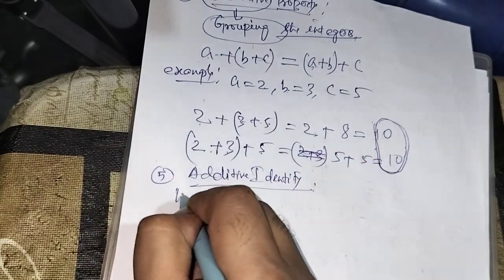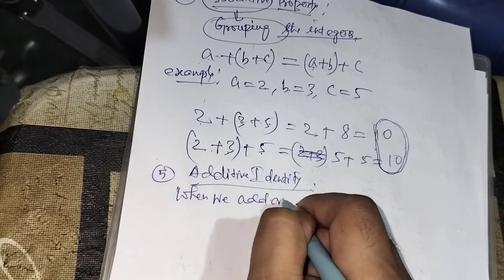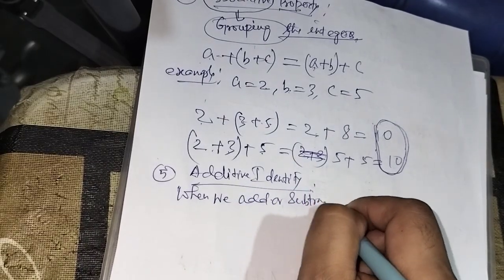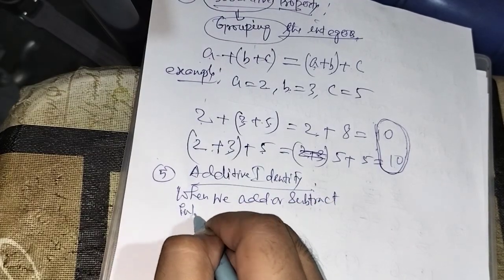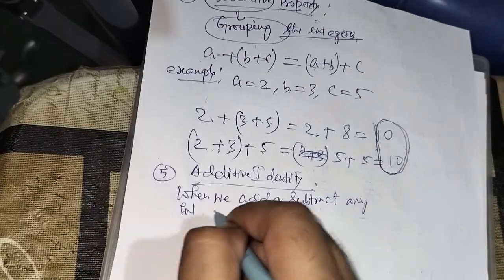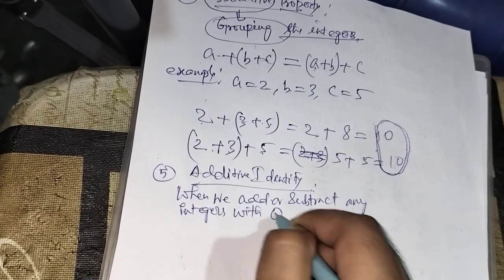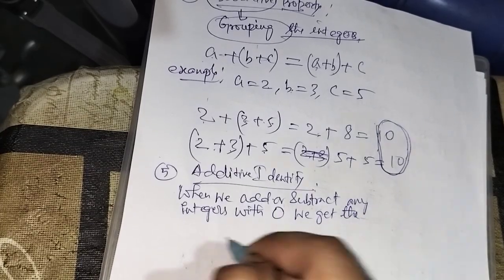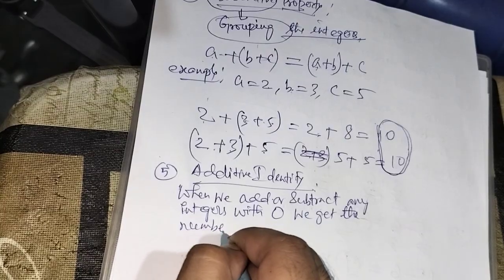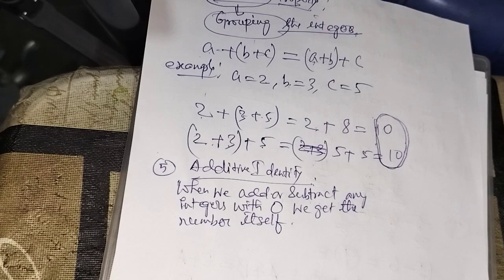When we add or subtract any integers with 0, we get the number itself.